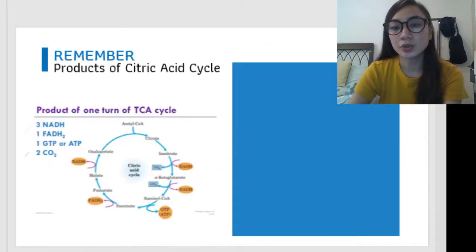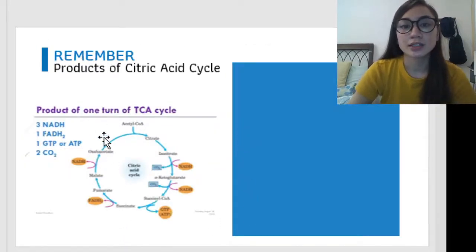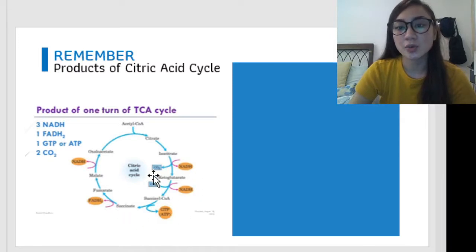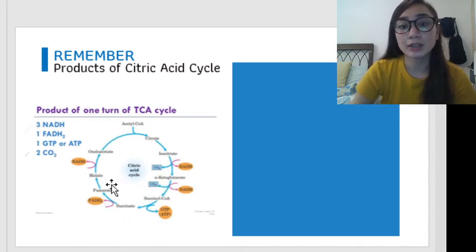So, in 1 glucose, dalawang turn yan. So, pag isang turn lang, ibig sabihin, isang pyruvate pa lang yung nagagamit natin, it will produce 3 NADH, 1 FADH2, 1 GTP or ATP, and 2 carbon dioxide.